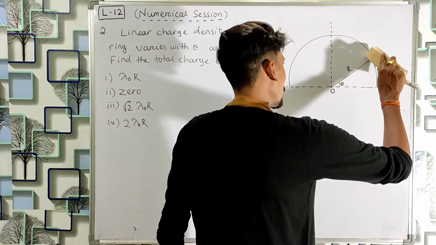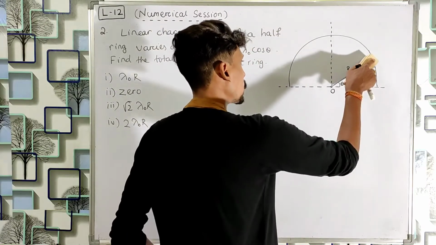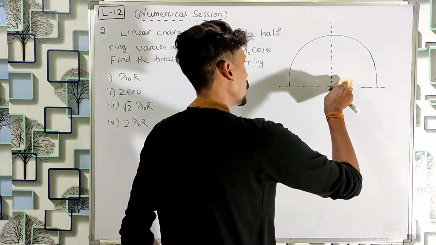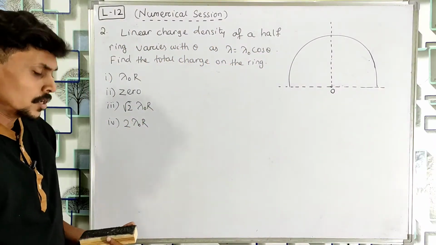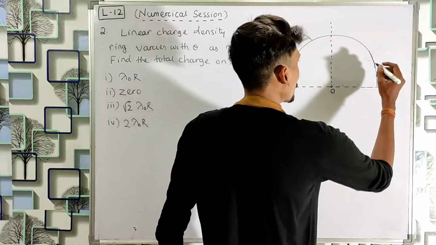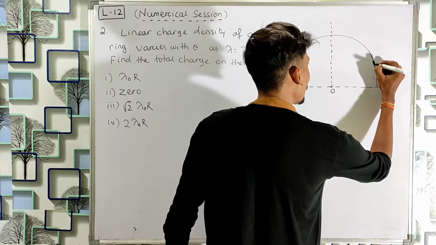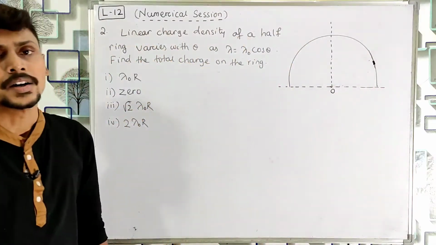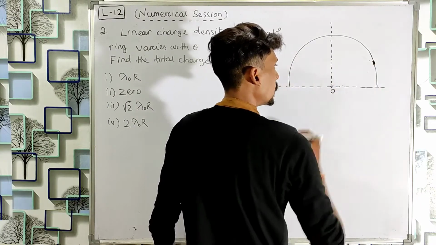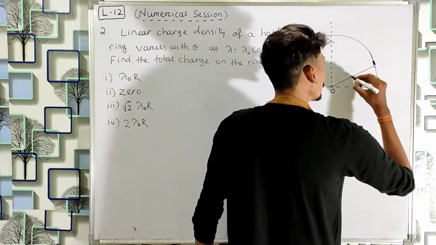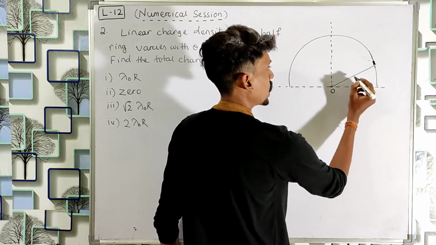This is the case of a continuous charge distribution, and we have to calculate the total charge on the semicircular ring. So students, let us choose a very small element on the ring. This is one end of the element and this is the other end. Now join this end with the origin or with the center.